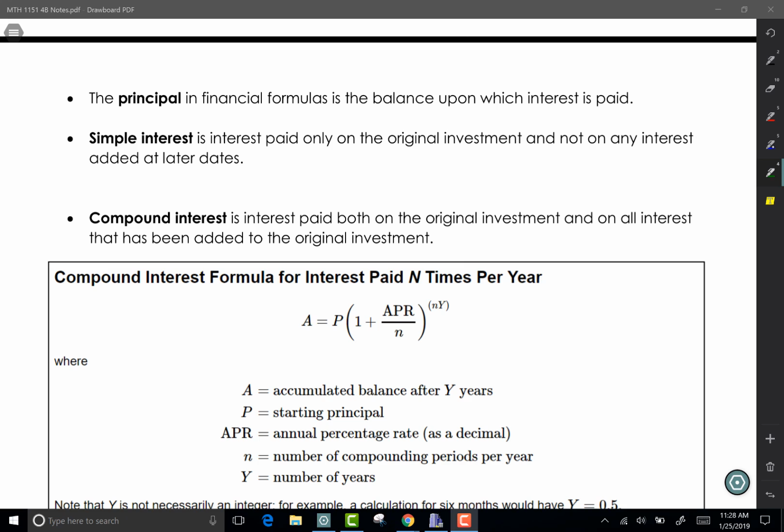Then there's a difference between what's called simple interest and compound interest. Simple interest is paid only on the original amount of the investment.